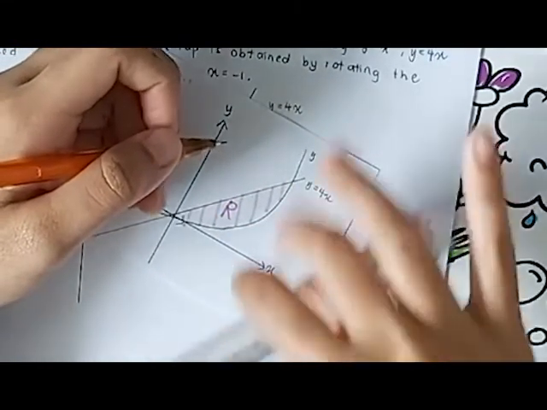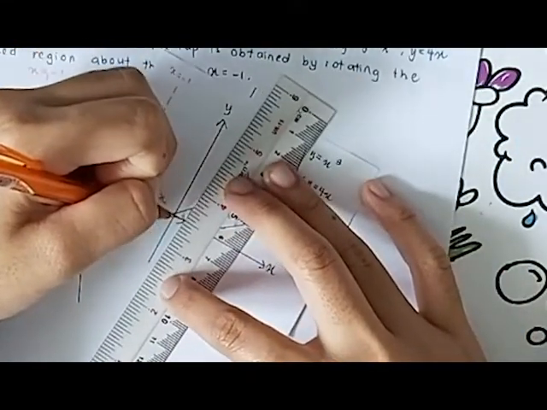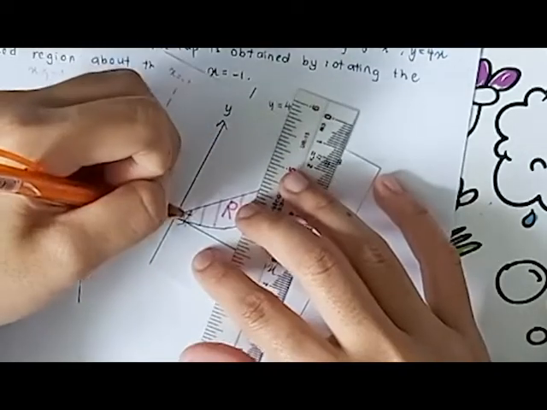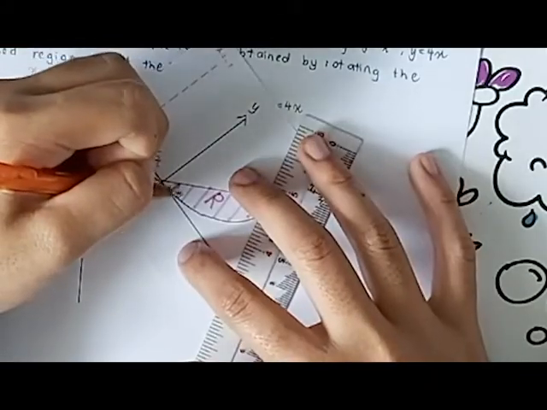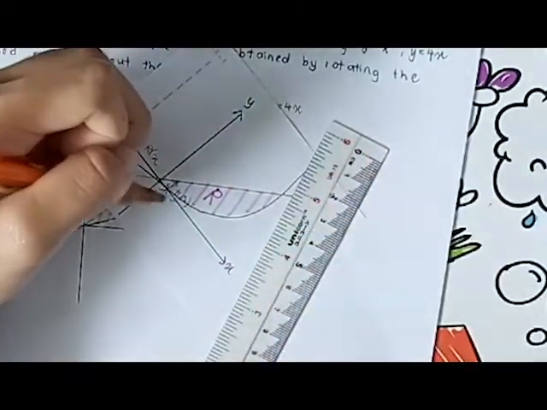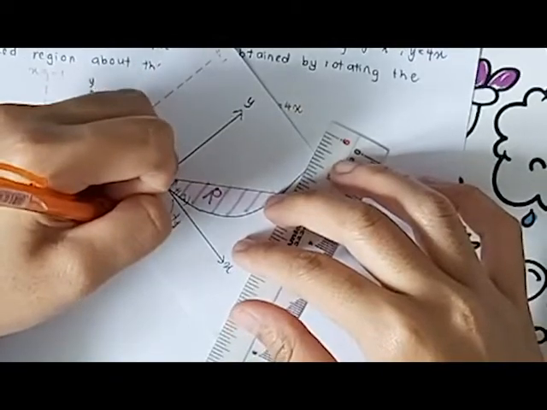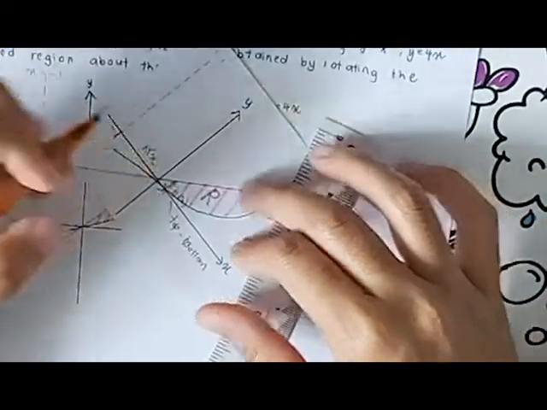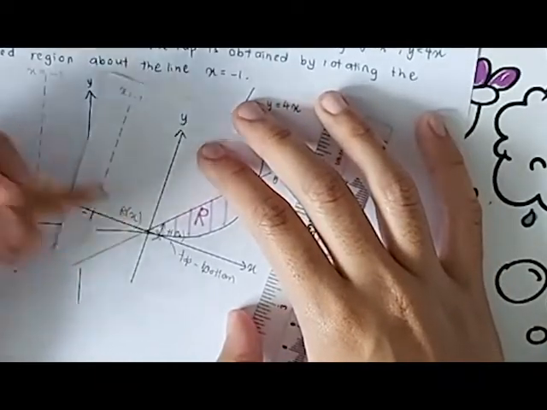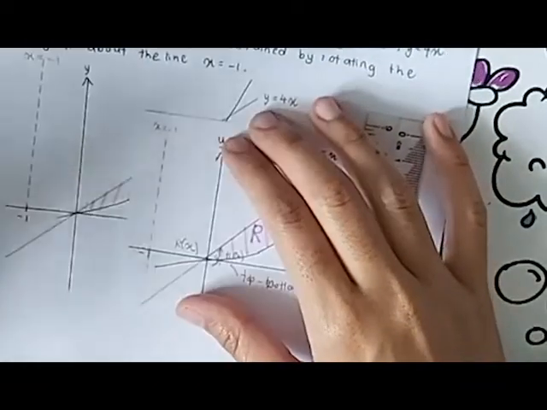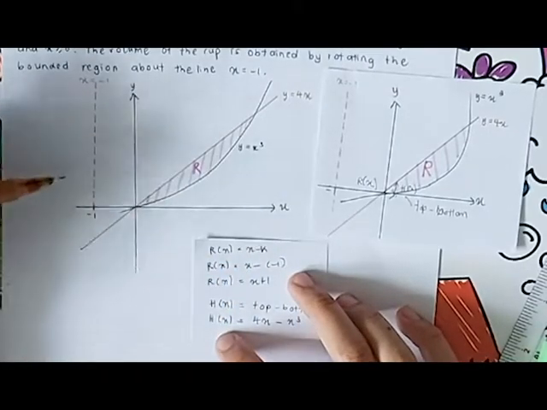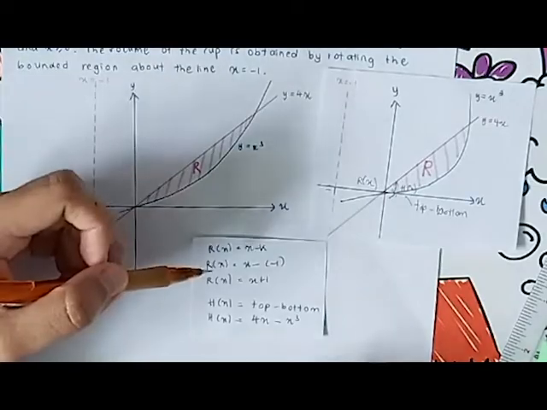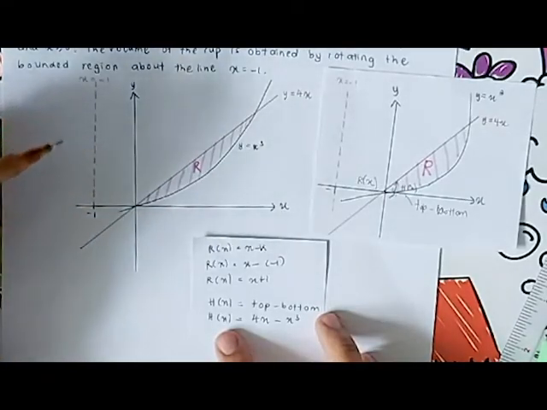And from that line, you drag vertically and you get h(x). h(x) is top minus bottom. So top minus bottom and r(x). So r(x) should be x minus k, which is x minus negative 1.